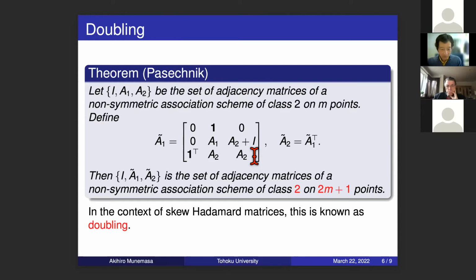But our construction is slightly different because we have a class 3 and 2m plus 2 points. Well, of course, both the number of classes and the number of points increase by 1, but there is no such natural construction of increasing the number of classes and number of points by 1 in the theory of association scheme.